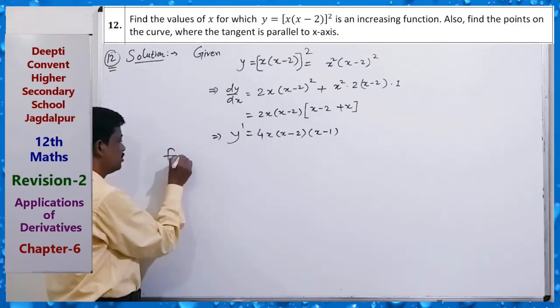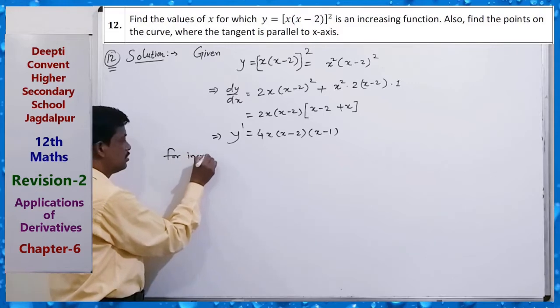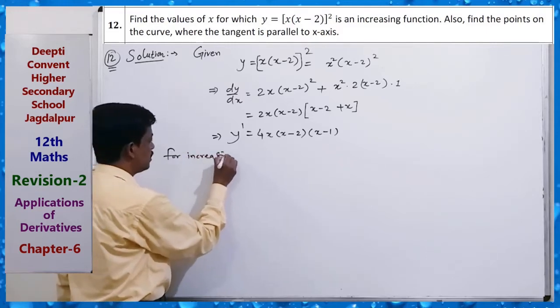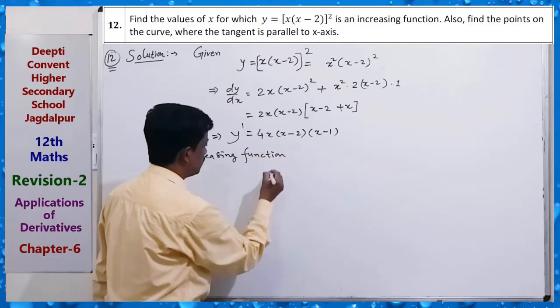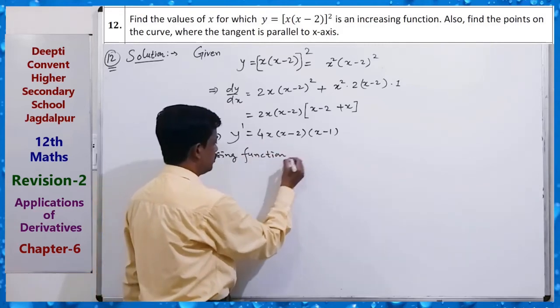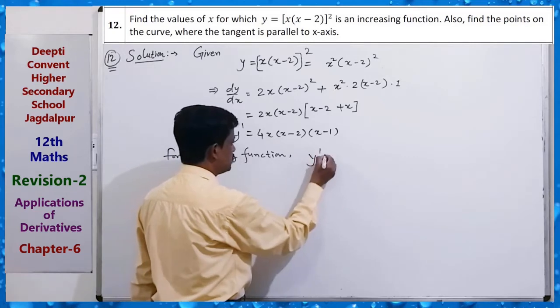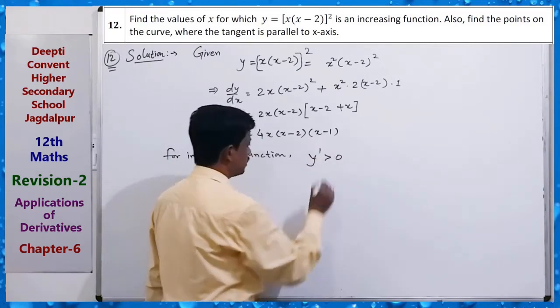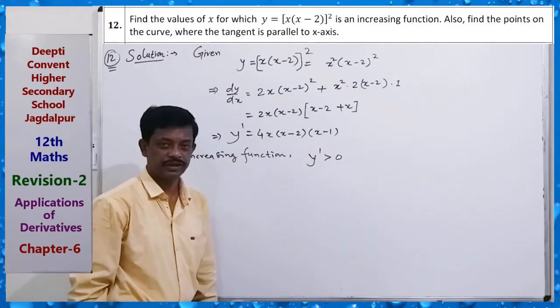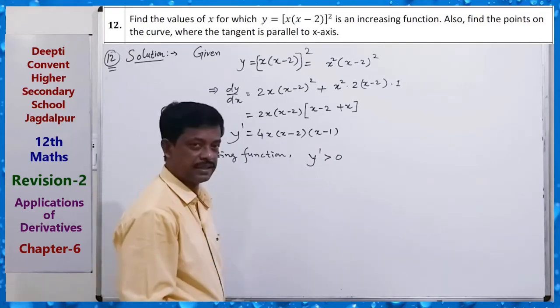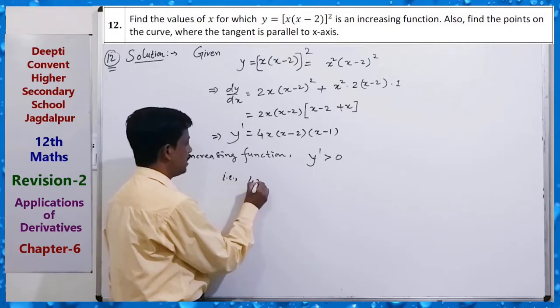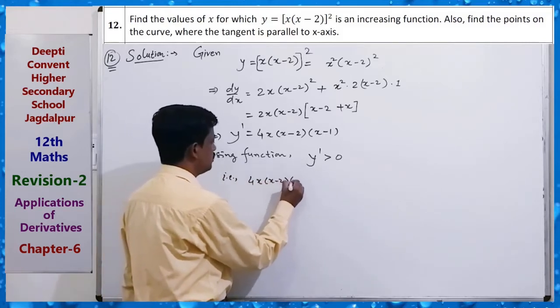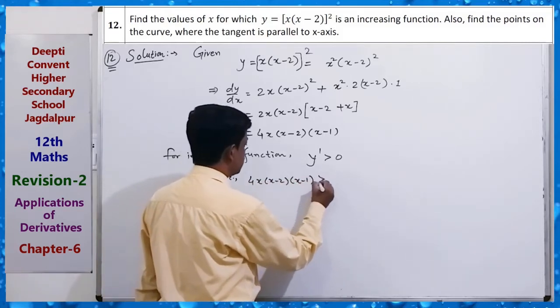For an increasing function, y dash should be greater than 0. That is 4x(x minus 2)(x minus 1) is greater than 0.